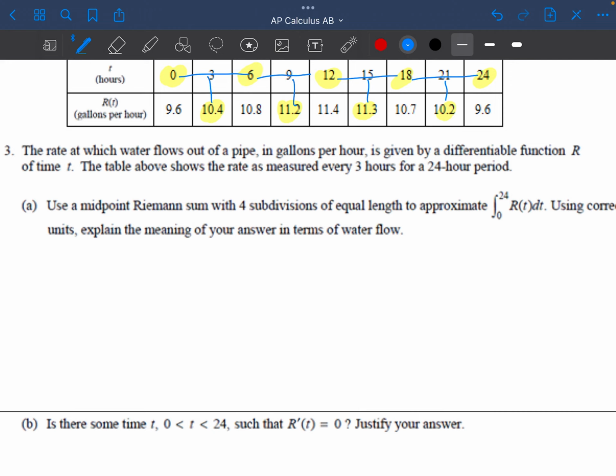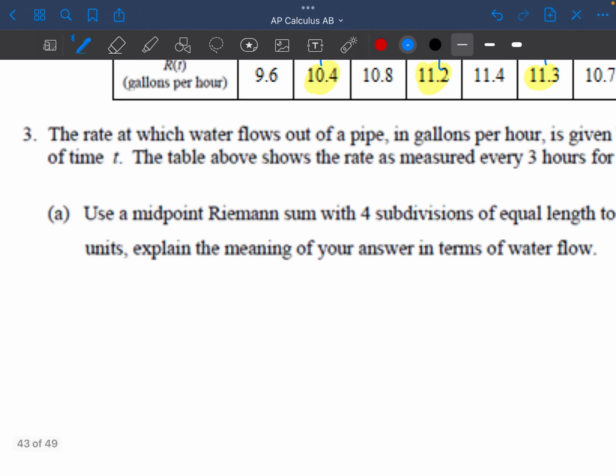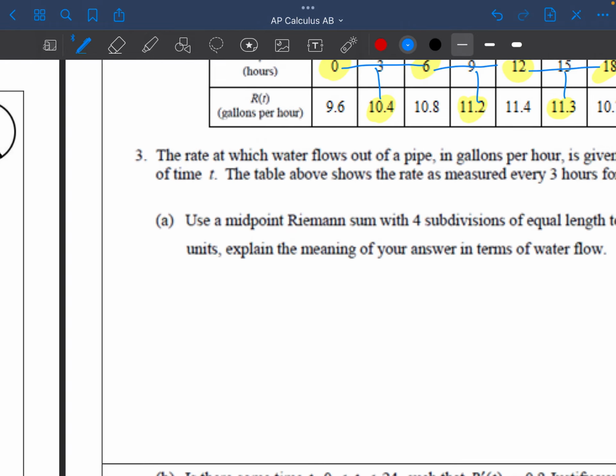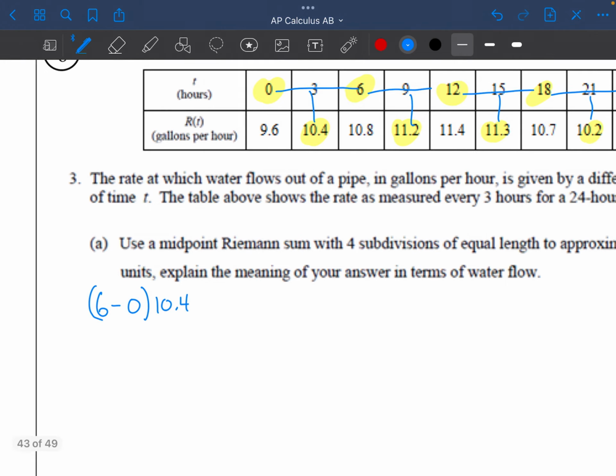So I'm going to write it out in full, and then I'm going to show you a little bit of a shortcut. So I'm going to do 6 minus 0, and I'm going to multiply that by 10.4. Man, I really wish I had a calculator.